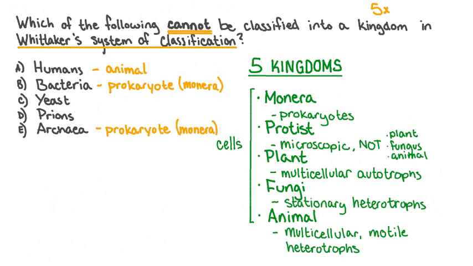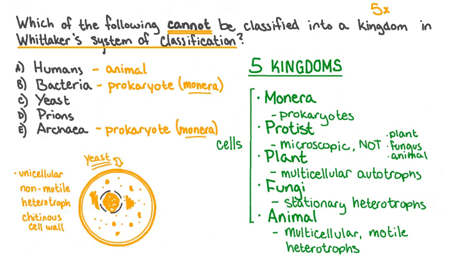They possess some physical differences and live in different environments, but they're both classified as Monera. Yeast are unicellular organisms that do not move around on their own and absorb their nutrition from their surroundings. They also have a cell wall which contains a material called chitin. These traits classify yeast as a member of the kingdom fungi.